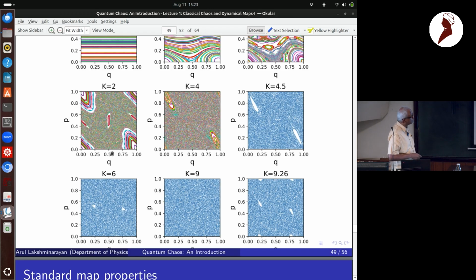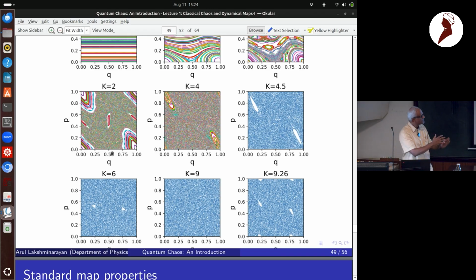I'll show you a little bit about stable and unstable manifolds of even fixed points. They typically transversely intersect. If they don't, then they form islands. So it's actually a very complicated situation. Even for this simple map, there are several things known rigorously mathematically, but for no value of k can you say with certainty that there are no islands.